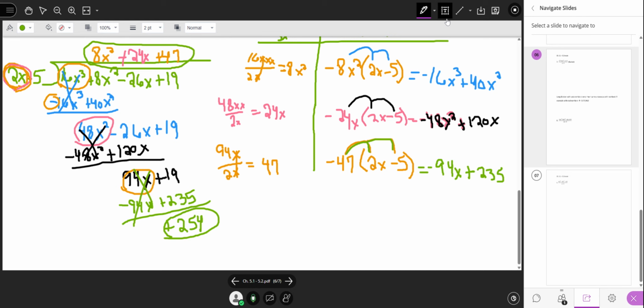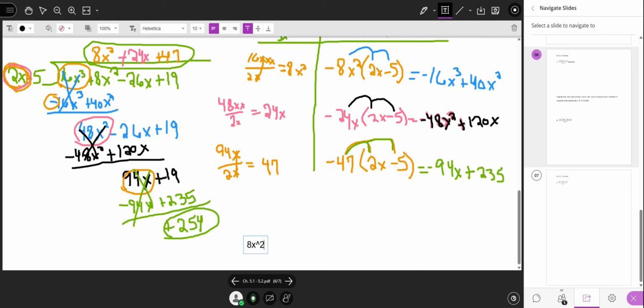If that is so, then that'll be an easy fix right there. If it wants you to put your quotient and remainder together, then you may have to do it like this.